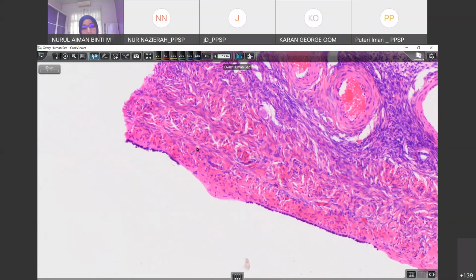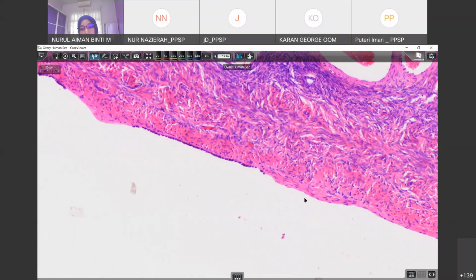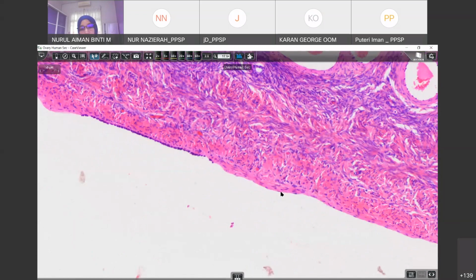Simple cuboidal epithelium. From the lower magnification you can also differentiate the appearance of this and the appearance of the simple squamous epithelium here. So there is already a mixture. So this is the ovary.